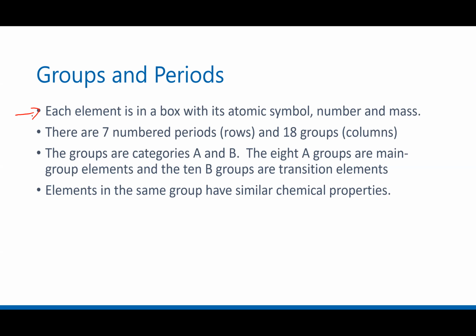At minimum, a good periodic table would have the element symbol, the atomic number, and the atomic mass. Remember what I said in chapter 1. This is not the mass number. Mass number is protons and neutrons. Atomic mass, we calculated at the end of chapter 1. So not the same.